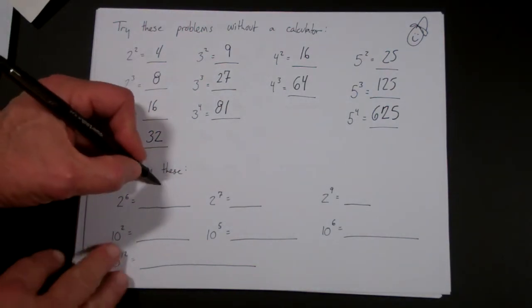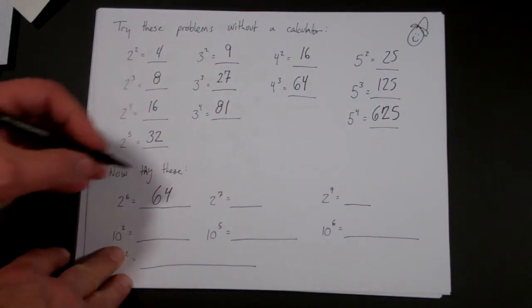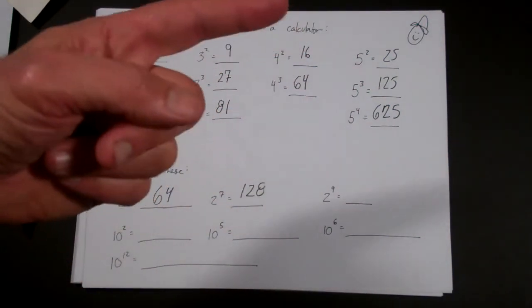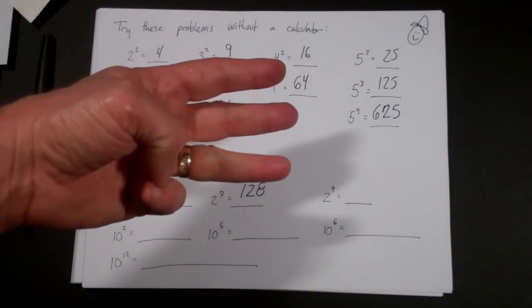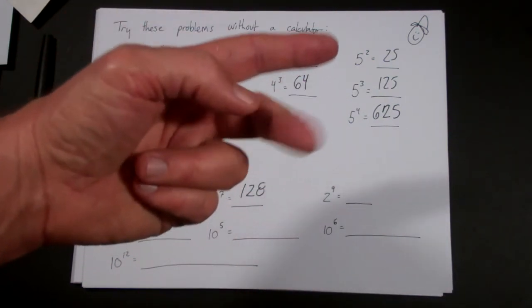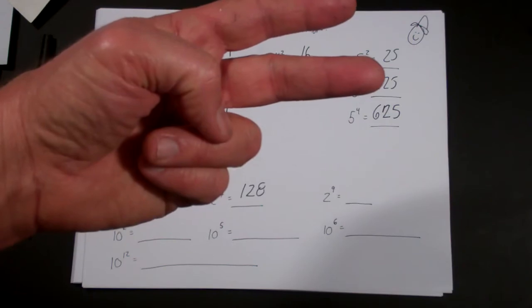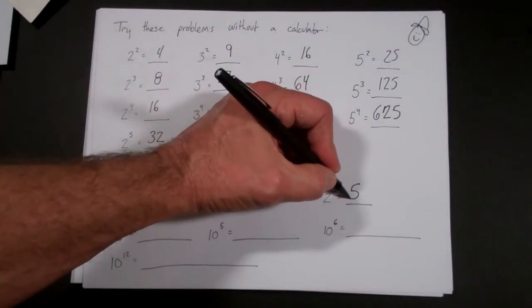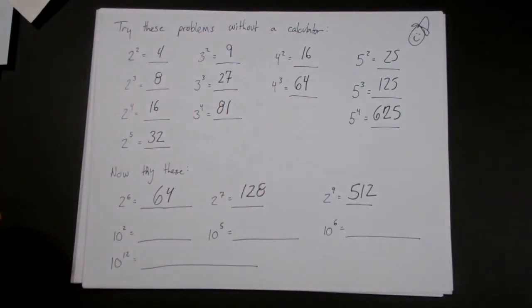So 2 to the 6th is 64. 2 to the 7th would be twice that, 128. 2 to the 9th, let's see, that's 2, 4, 8, 16, 32, 64, 128, 256, and 512. If you can't quite do that in your head, that's all right.